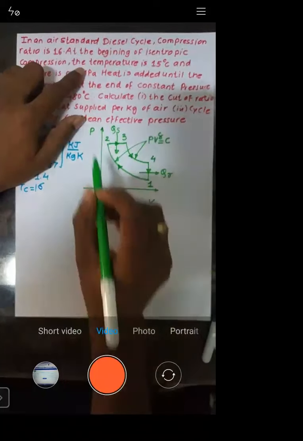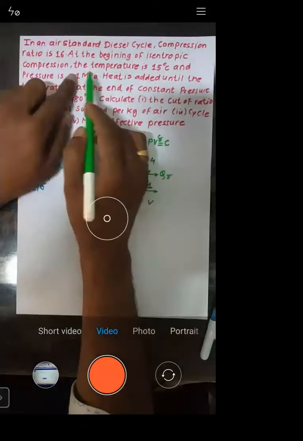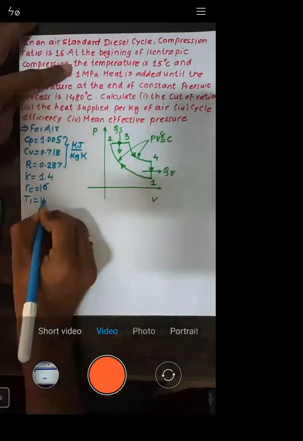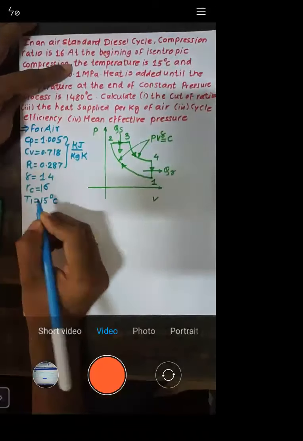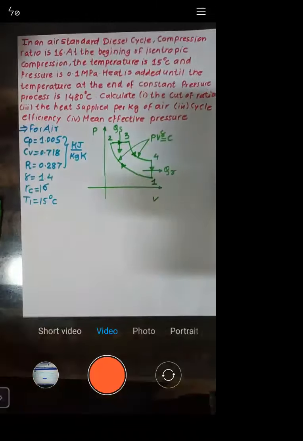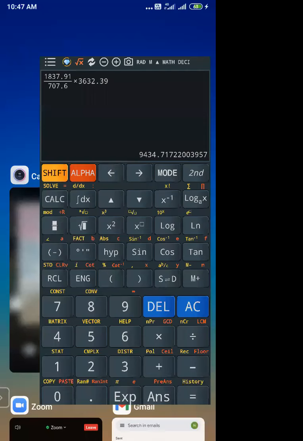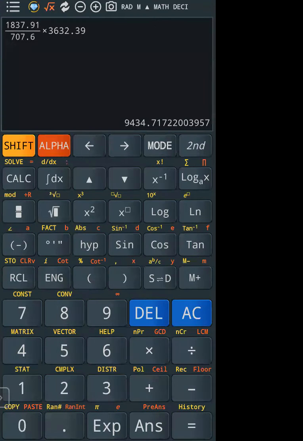So at the beginning of isentropic compression, the temperature at point 1 is 15 degrees Celsius. We need to convert this into Kelvin: 15 plus 273 is 288 Kelvin.